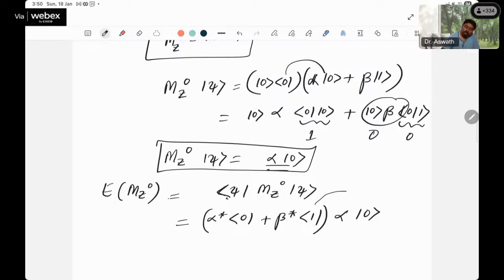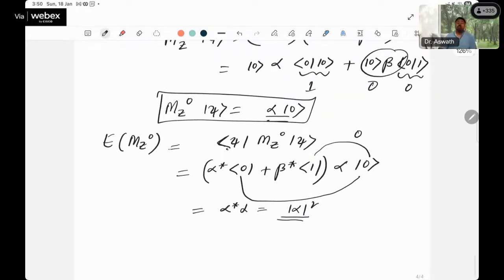By the way, the inner product of this one and this one is 0, and the inner product with this one is 1. So I'll get alpha star alpha, which is absolute alpha squared. So when I make a measurement of operator Mz0 on a quantum state, I get the probability. And what is the state output? The state output is this one.